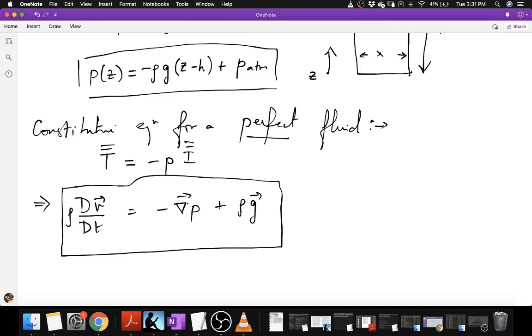But he could arrive at this equation by directly postulating simply that all the surface forces act normal to a surface. And so he arrives at this equation, which we today know as Euler's equation of motion, which is applicable to an inviscid fluid, or as Euler would have it, a perfect fluid.